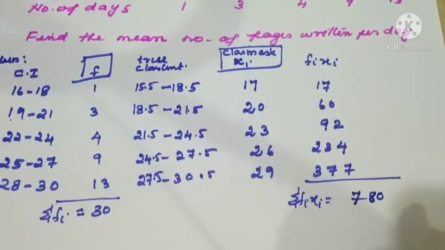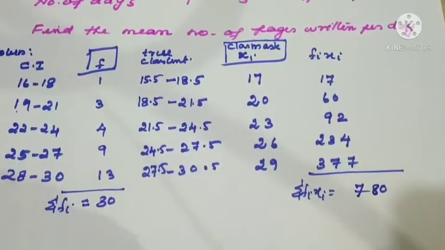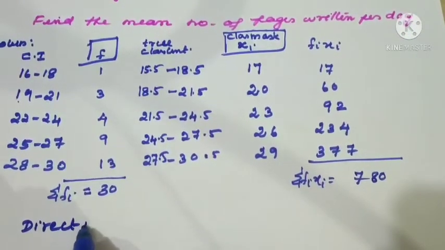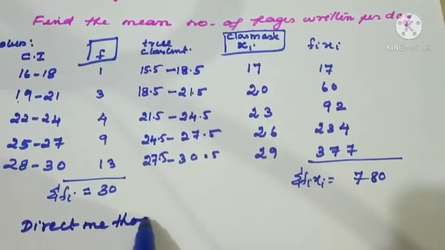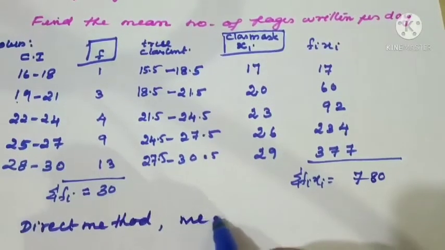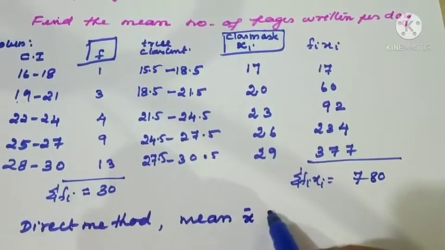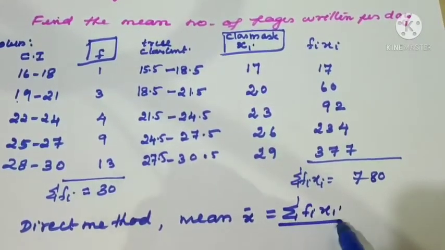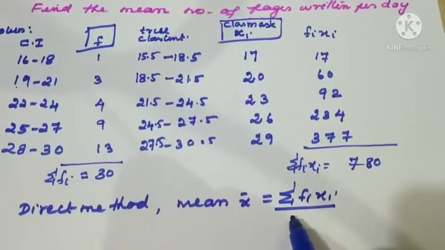So it is equal to 780. Now what is the formula for a direct method? Mean x bar equal to sigma fi xi divided by sigma fi.